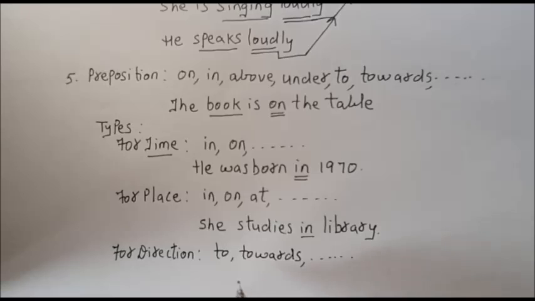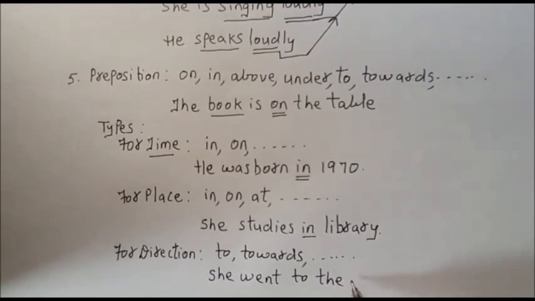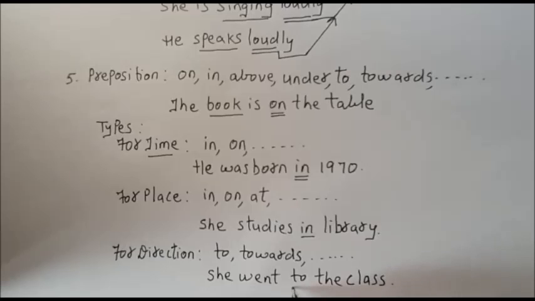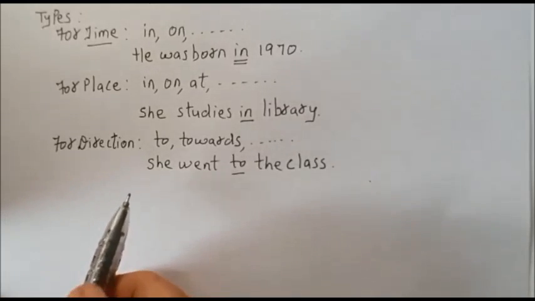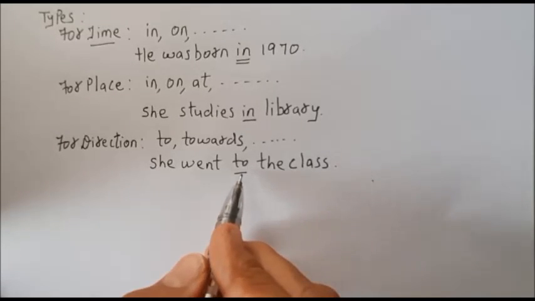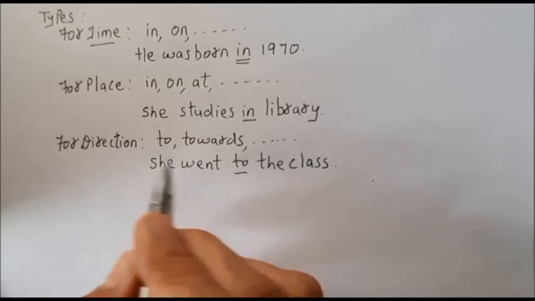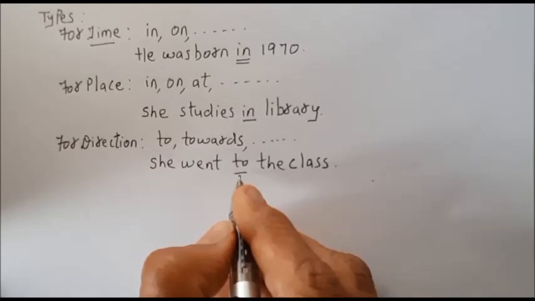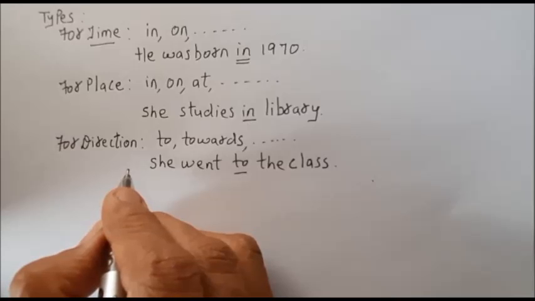For example, she went to the class. Now here this preposition is to. As I told you just now, she went to the class, so to you can use for direction. It's a preposition used to show the direction.